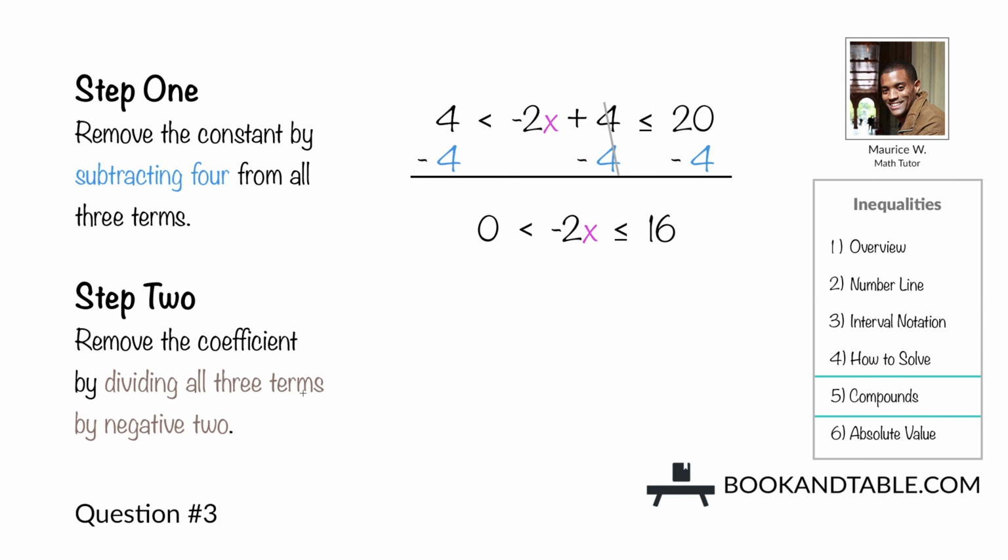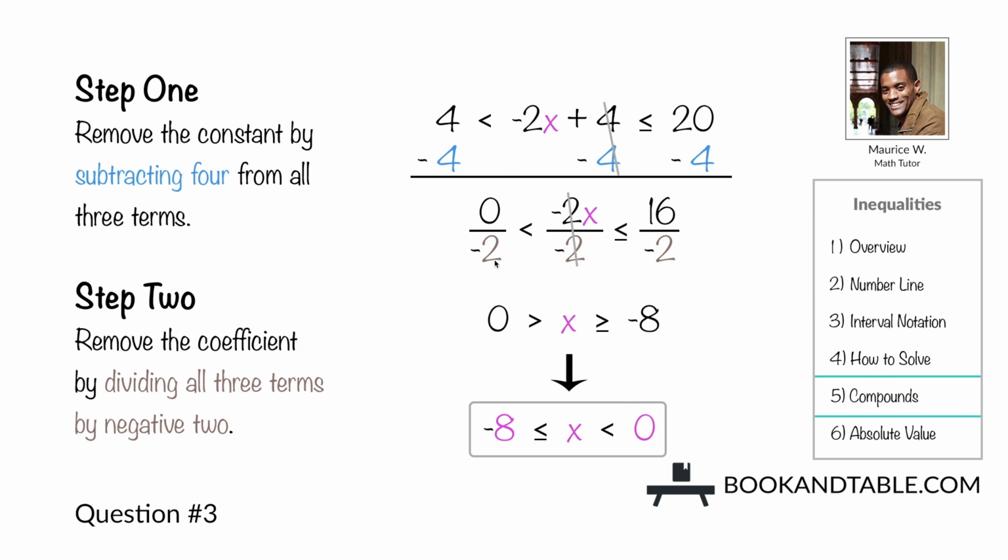Question number 3. 4 is less than negative 2x plus 4, which is less than or equal to 20. Step 1, remove the constant by subtracting 4 from all three terms. When we do so, 4 minus 4 is 0. 20 minus 4 is 16. Step 2, remove the coefficient by dividing all three terms by negative 2. 0 divided by negative 2 is 0. 16 divided by negative 2 is negative 8.